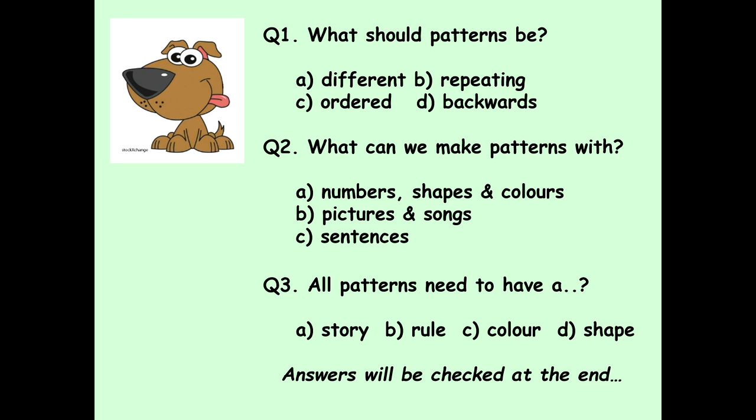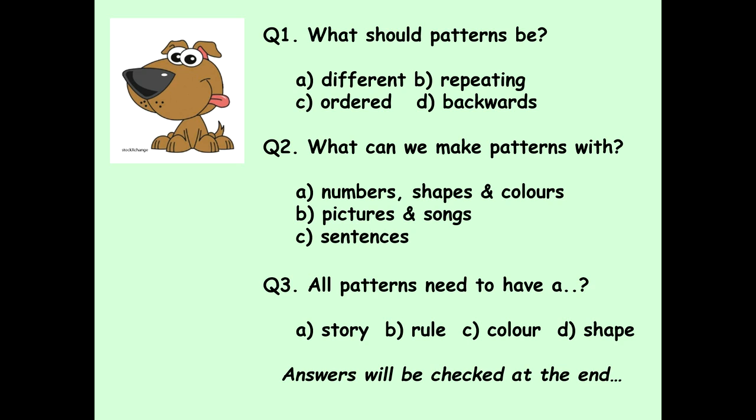Write your answer onto a piece of paper. Question 2. What can we make patterns with? Can we make them with A, numbers, shapes and colours, B, pictures and songs, or C, sentences? Again, write your answer onto a piece of paper.